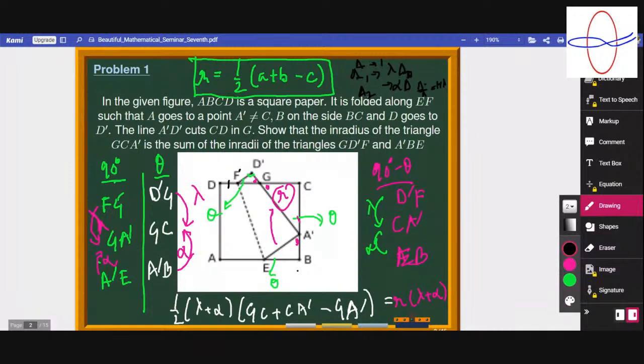Nothing? Yeah, the sum is 4. You're right, perfect. The sum of the perimeters is 4. Can I use that somehow?